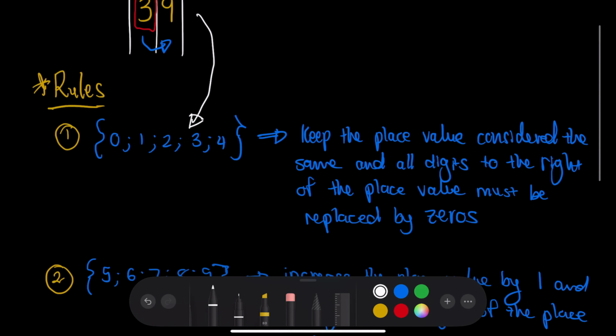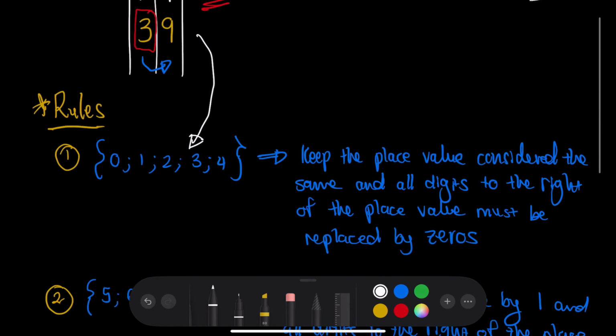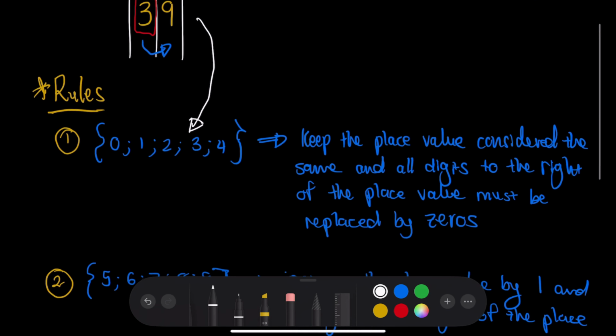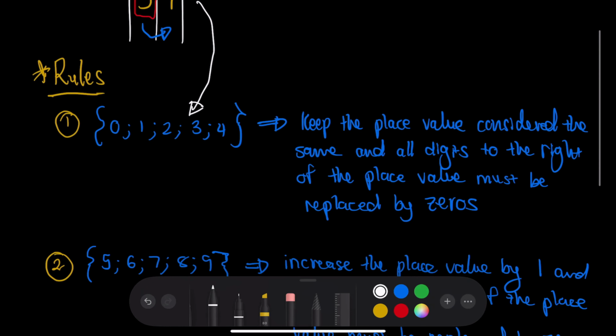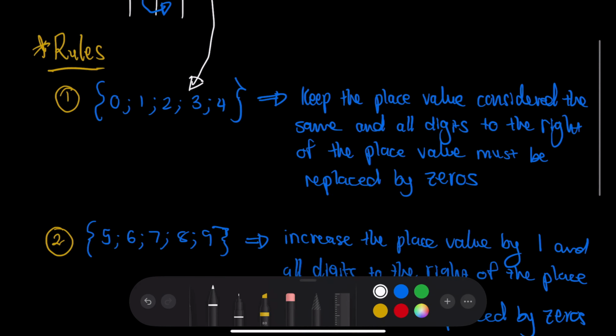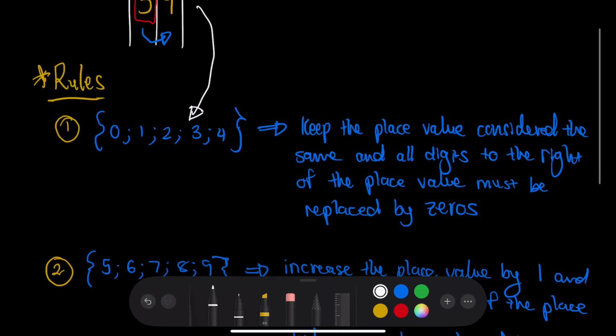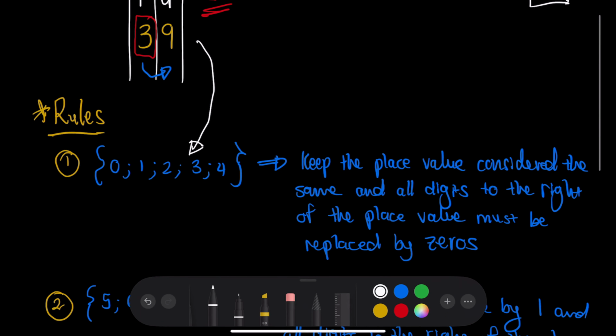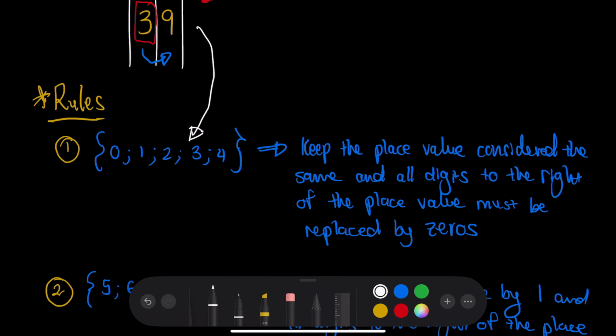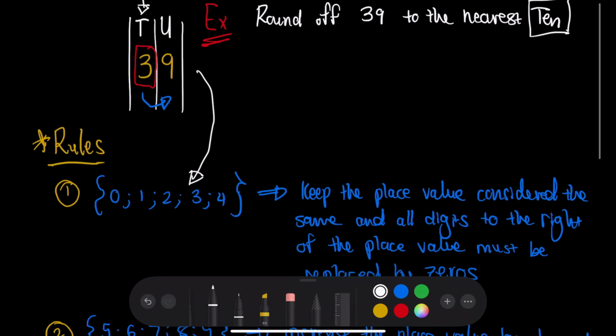If the digit to the right of the place value being considered is between 5 to 9, I must increase that place value by 1 and put zeros to the right.